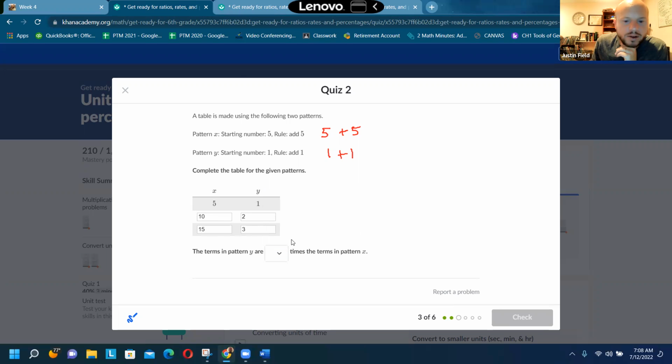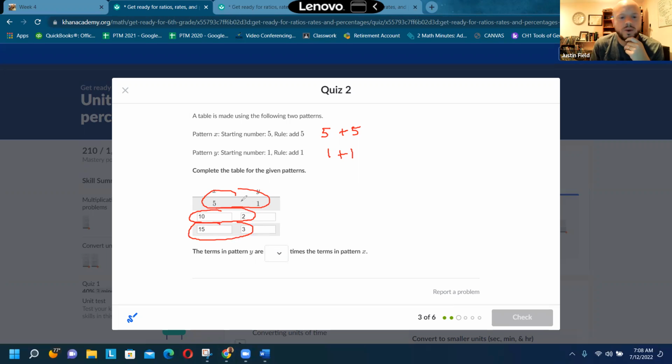oh, okay, now let's look at the relationship between these two. What do you notice? If we multiply by 5, we'll get from y to x.